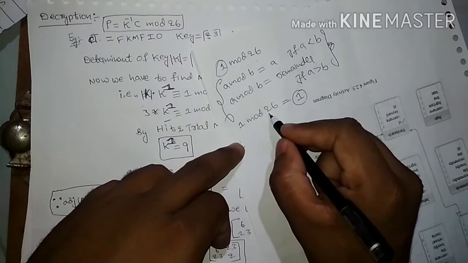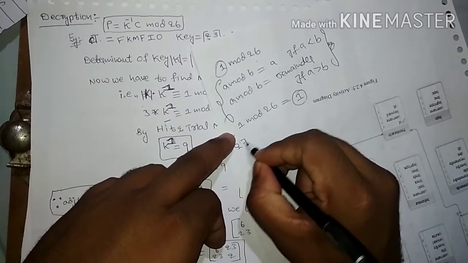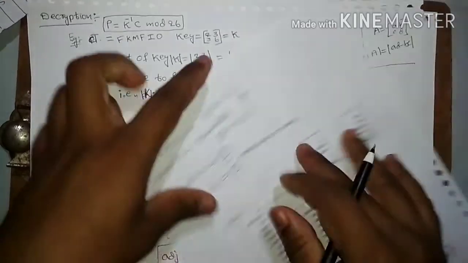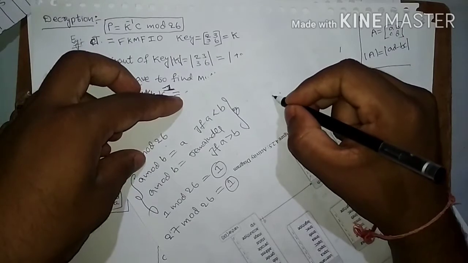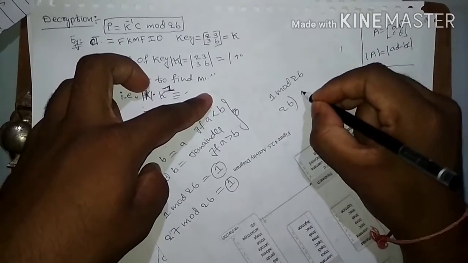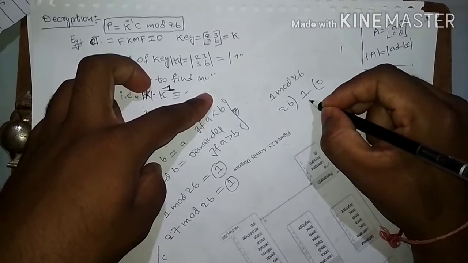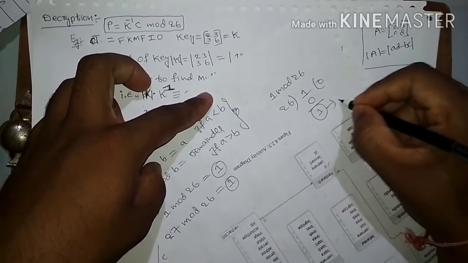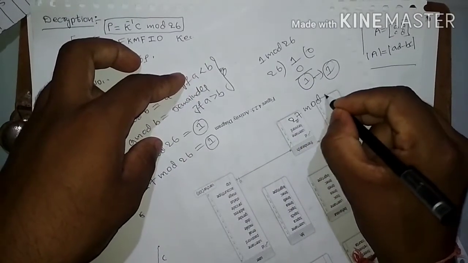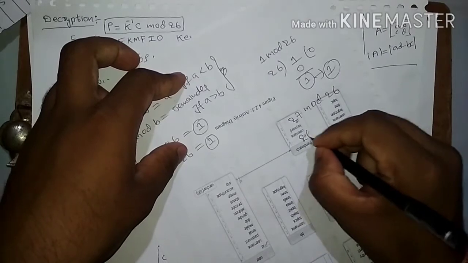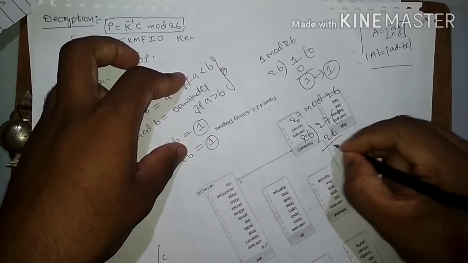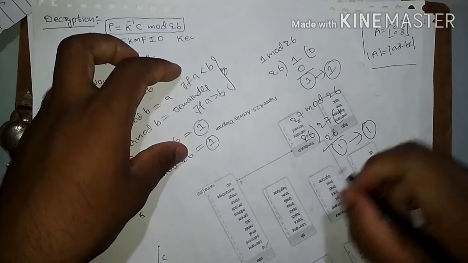Next is 26 plus 1, 27. 27 mod 26 will give 1 because 26 ones are 26, remainder 1.